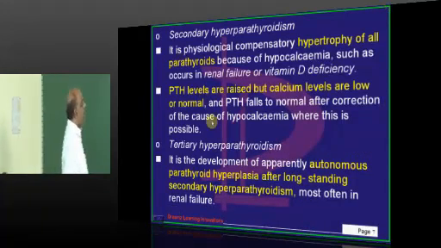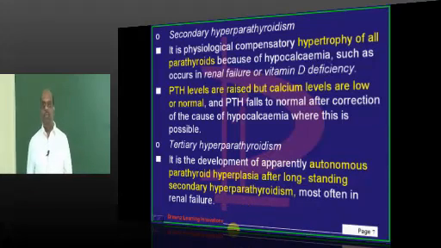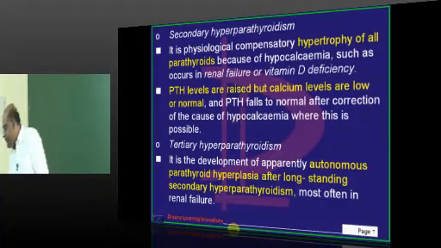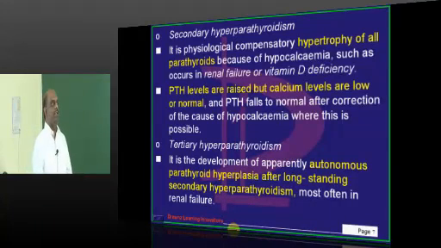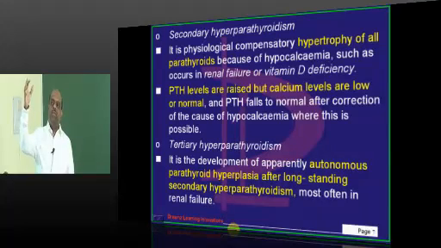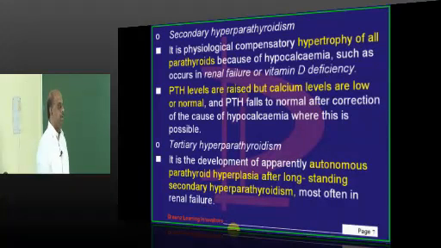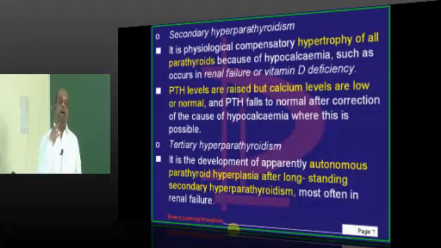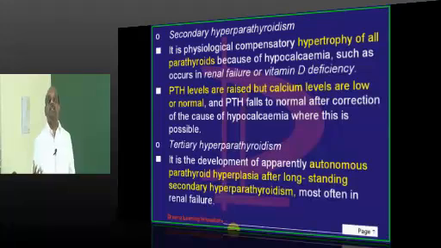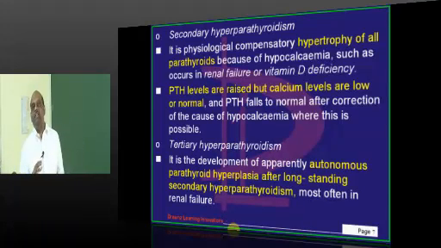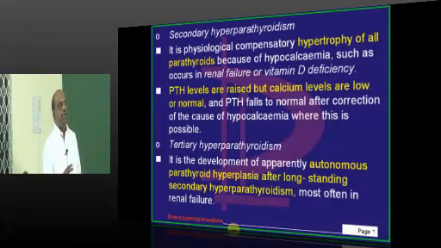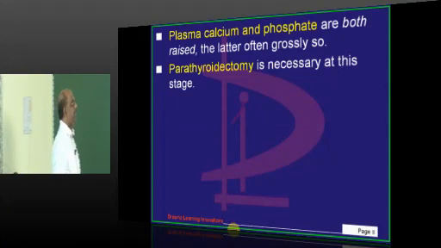Then, what is meant by tertiary hyperparathyroidism? Suppose for a long period of time a person has persistent secondary hyperparathyroidism; after some time, the parathyroid glands become autonomous. When they become autonomous, what we get is called tertiary hyperparathyroidism.